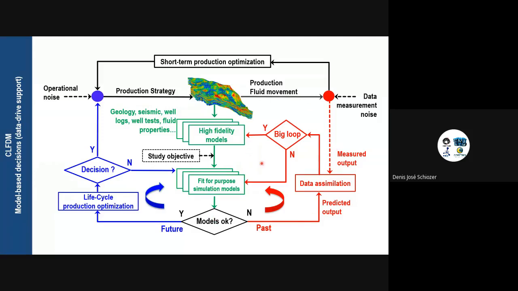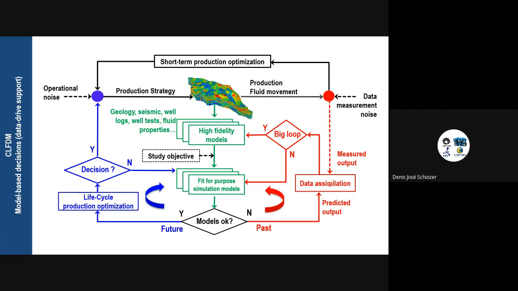We are going to explain this in this part here. So once we have the well tests, once we have the production, once we have seismic 4D, for example, the models have to be good enough to reproduce this past data, which we represent here in the red color, what we call data simulation.